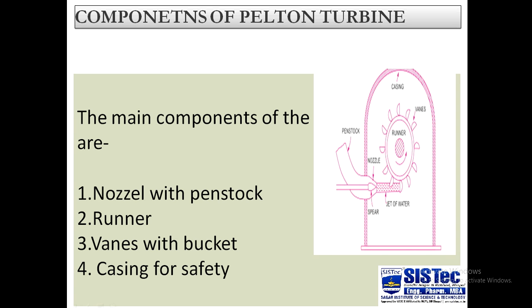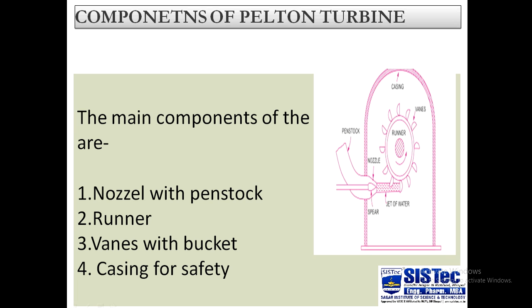This diagram shows you the typical shape of a Pelton wheel or Pelton turbine. These are some components of the Pelton wheel. Number one is the nozzle with the penstock, which we will discuss later.